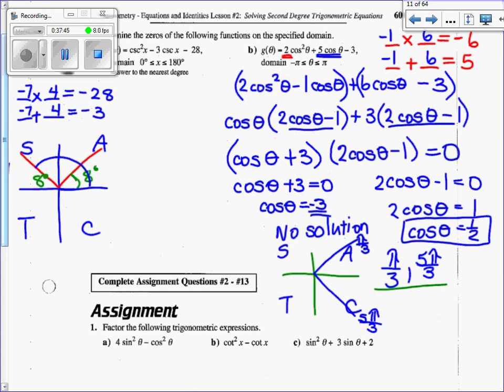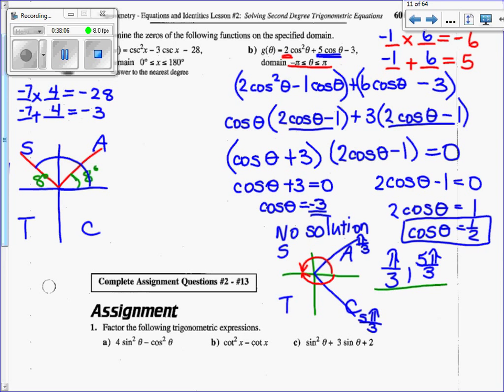So the question is, are both of those acceptable answers if my domain is from -pi to +pi? What that means is, if I'm going +pi, I'm going this way. If I'm going -pi, I'm going the other way to pi.